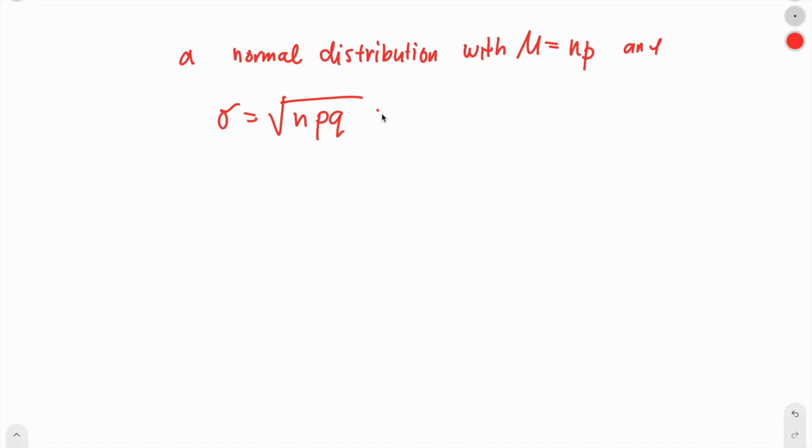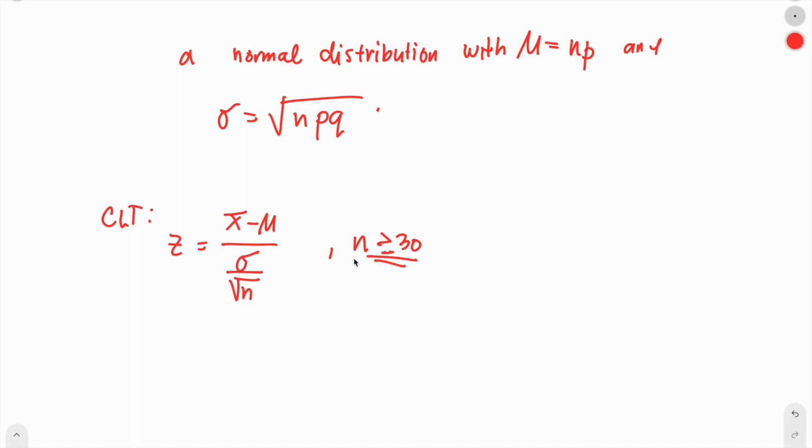So this is the basis to determine whether the sample size from the population proportion is sufficiently large or not. Remember that in the central limit theorem, z equals x bar minus mu over sigma over square root of n. We use this when n is greater than or equal to 30.